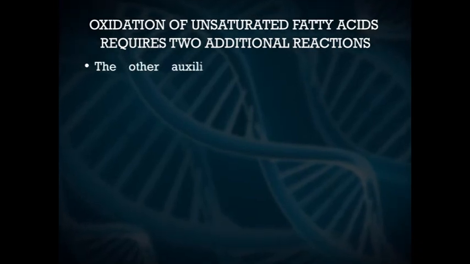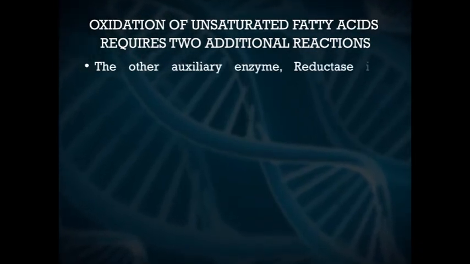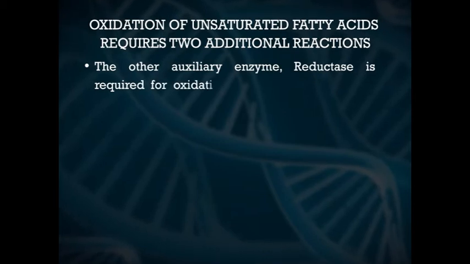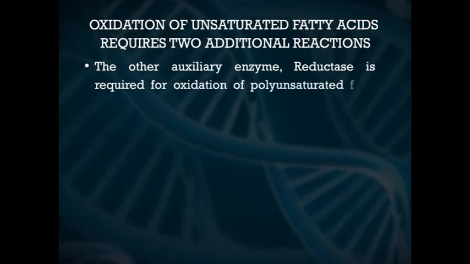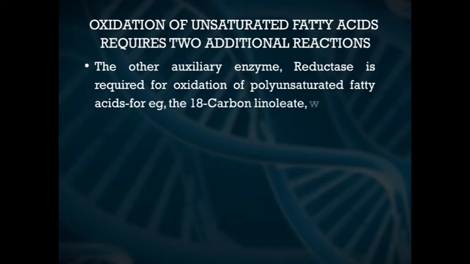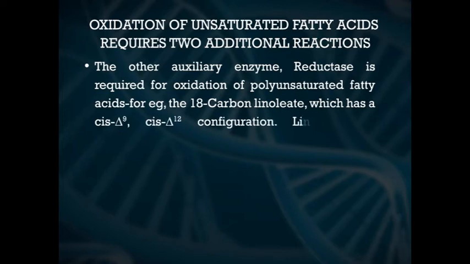Next, the other auxiliary enzyme mentioned earlier, that is reductase, is required for the oxidation of polyunsaturated fatty acids. For example, we'll consider the 18-carbon linoleate, which has a cis delta 9, cis delta 12 configuration.